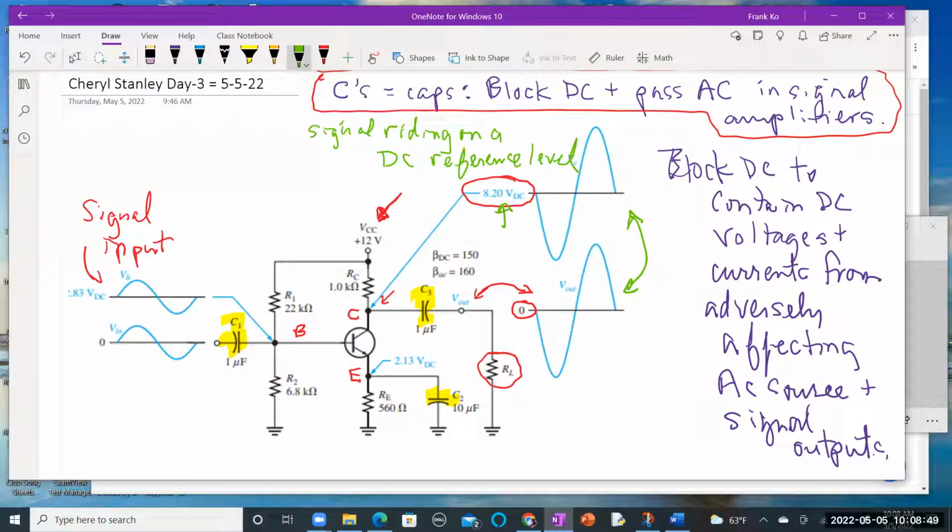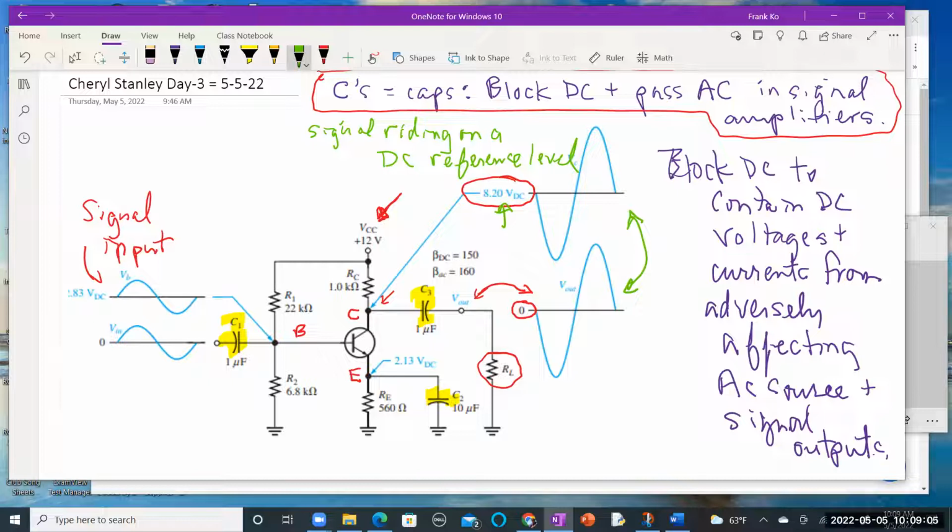Depending upon how you set up your oscilloscope, you should be able to see it, or you can also choose not to see it. And that's a lab thing that we can talk about in a lab situation.